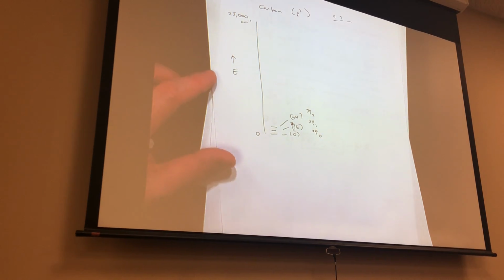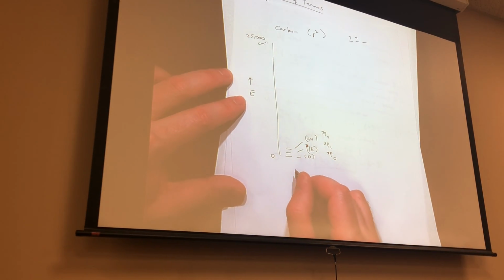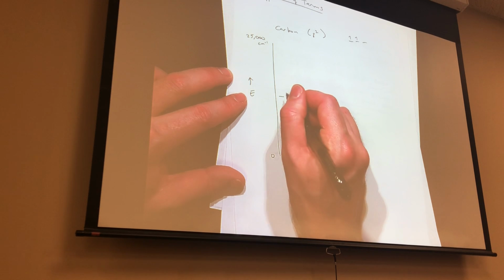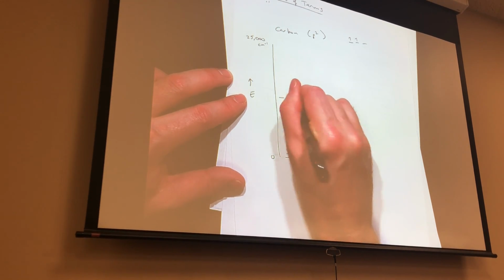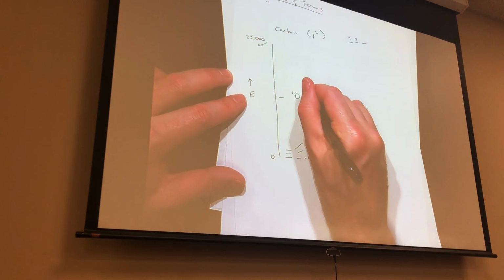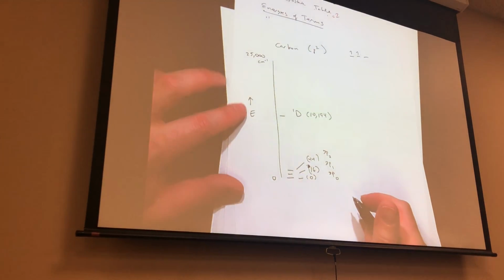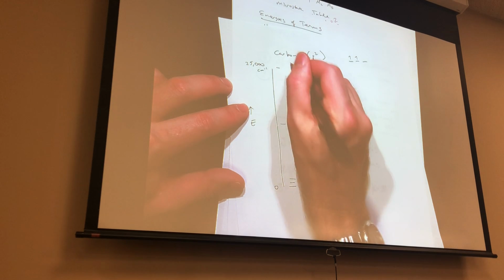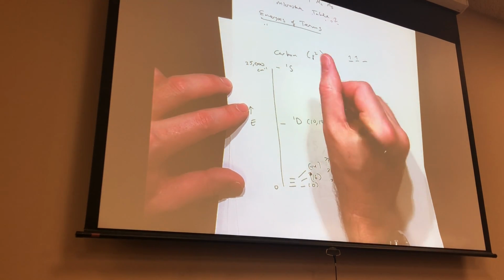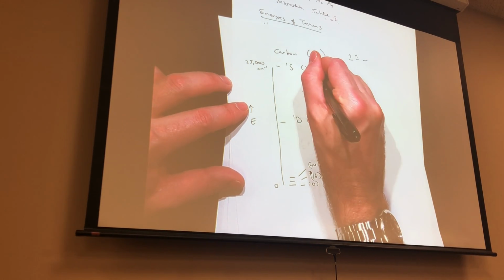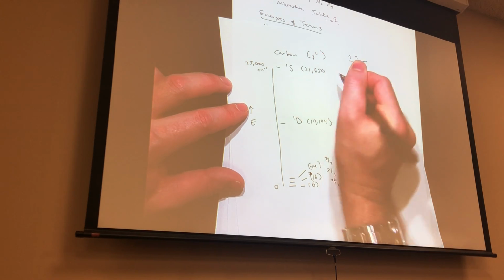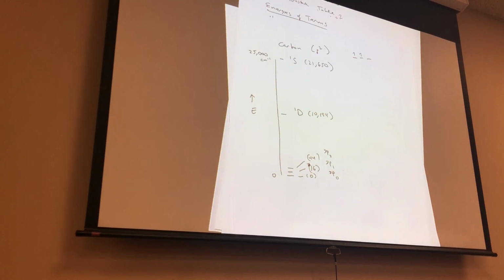Okay. And we go way up here to around 10,000, somewhere up here, is the singlet D state. 10,194 inverse centimeters, and then way up here, it turns out is the singlet S state, which is at 21,650. I didn't draw my scale perfect there, but that's the spectrum.